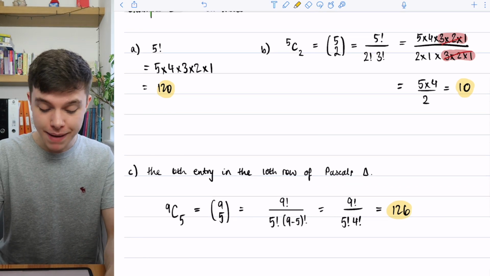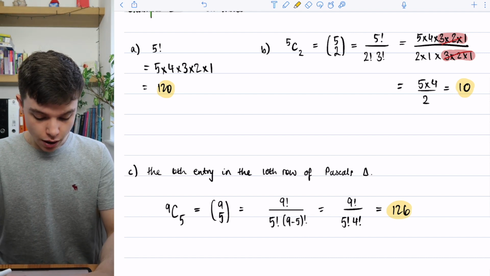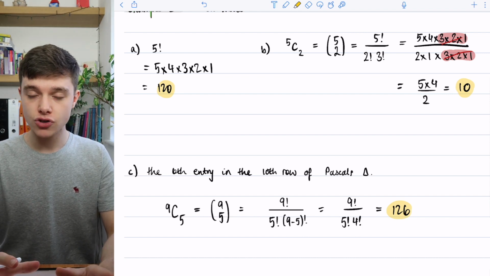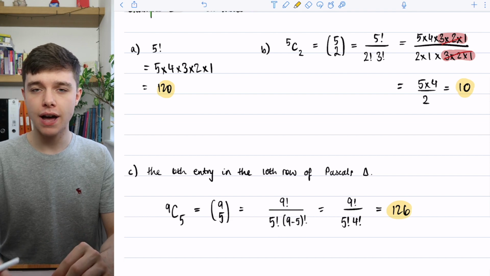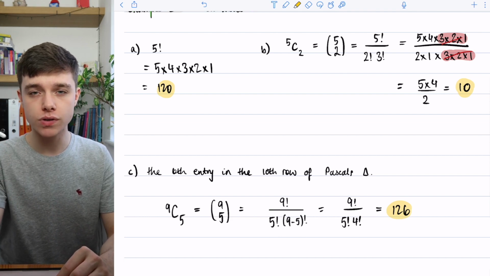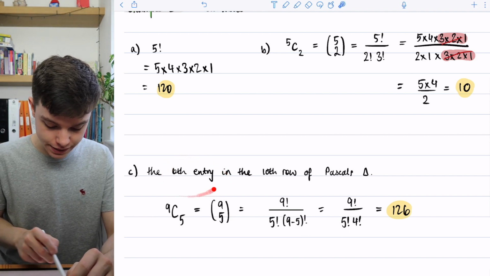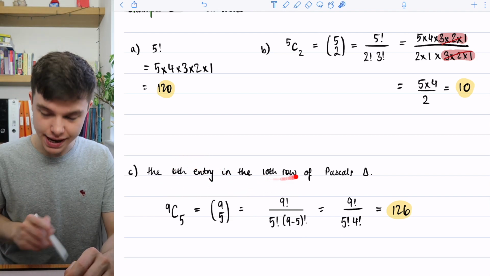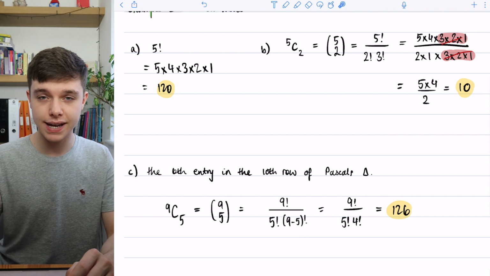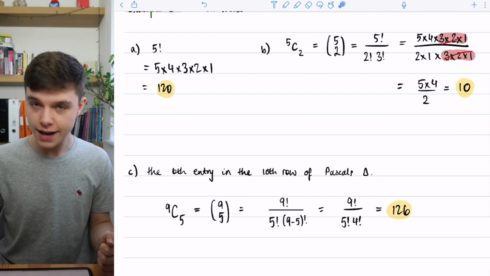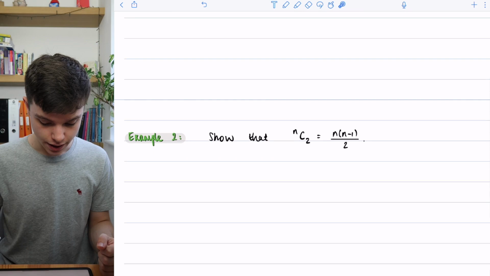I think I've done my best at explaining that there. Really, when you're working out the entry and the row, you just subtract one and then you do the row choose the entry. Basically, how many ways can I choose 6 things from 10? Row 10, the 6th entry. Okay, that's what combinations is.